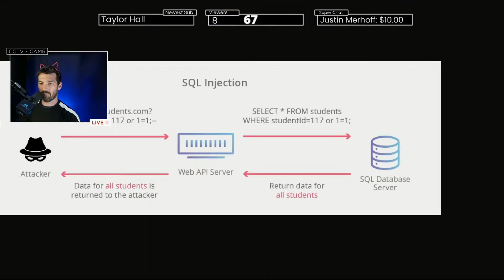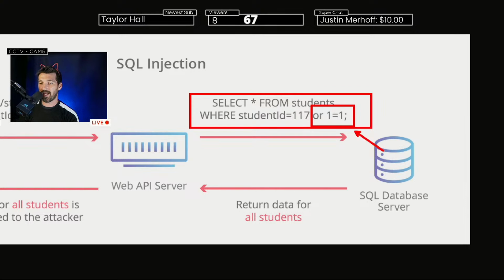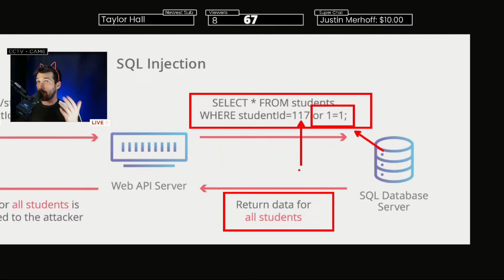So when it runs this malicious injection on this database, it will return all student data, not just the student data for student 117. And this is why SQL injection is so dangerous, because an attacker, a pen tester on the outside, could query more data than is intended by the developers of the application, the owners of the business, etc., right?